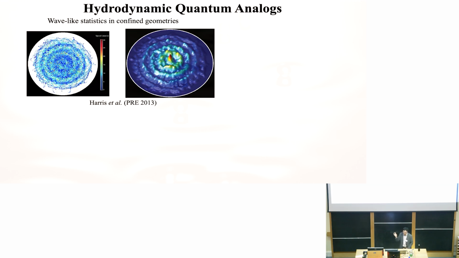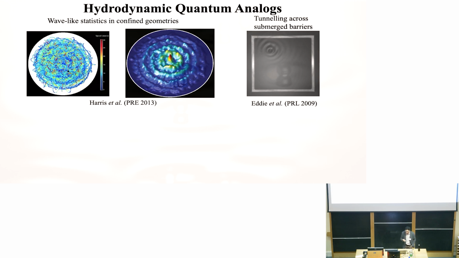But if you get enough statistics and you plot the probability distribution of the droplet's position, then you get this wave-like distribution in the position of the droplet. And this is not too different from what you would find if you had an electron confined in a ring of copper atoms and you look at the probability distribution of the electron, right? So the underlying chaotic dynamics here seem to be giving rise to wave-like statistics.